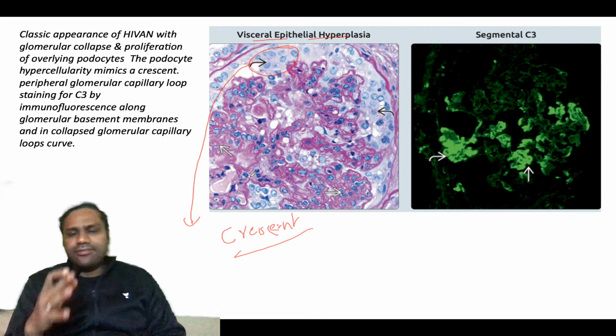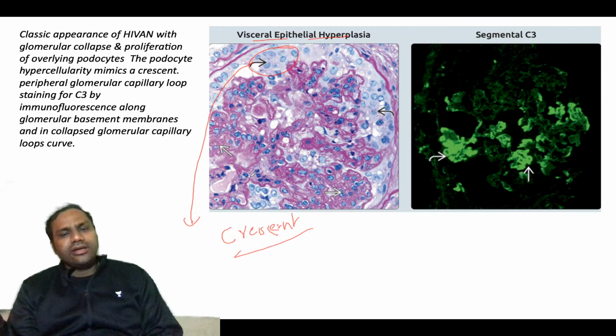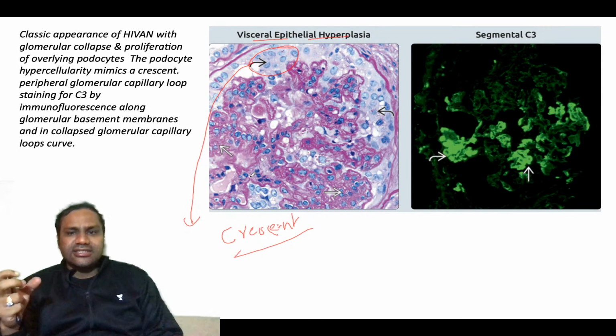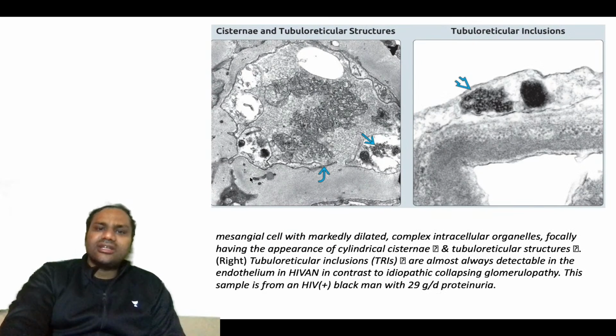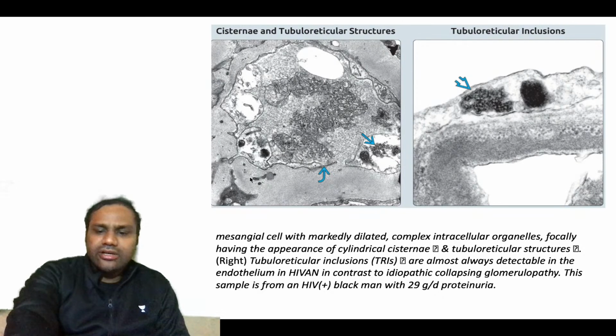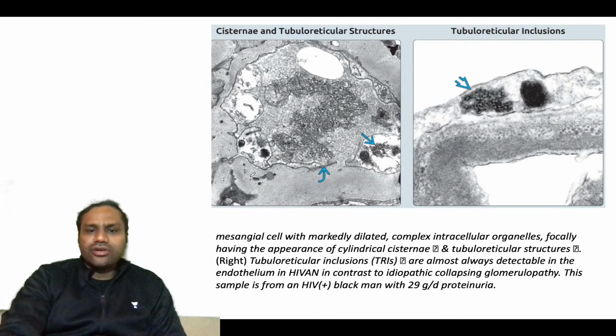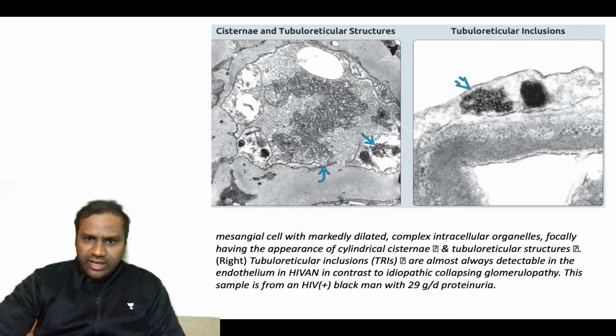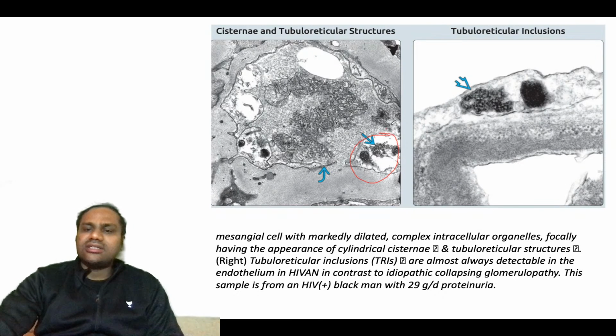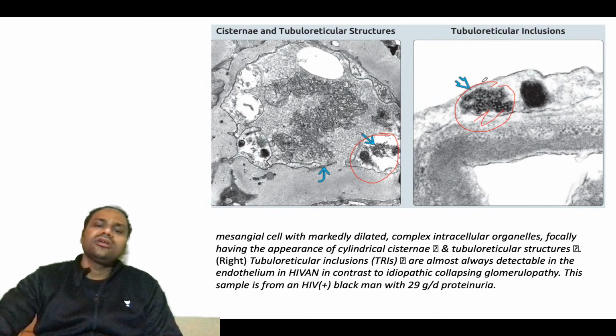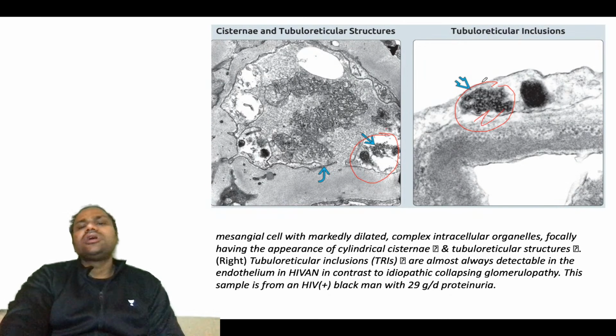So if there are two cell layers between Bowman's capsule and the glomerular capillary, that is known as a crescent. And here you see reticular deposition. This is tubulo-reticular deposition, which you see in case of HIV.